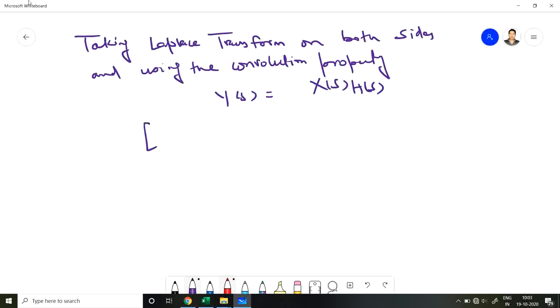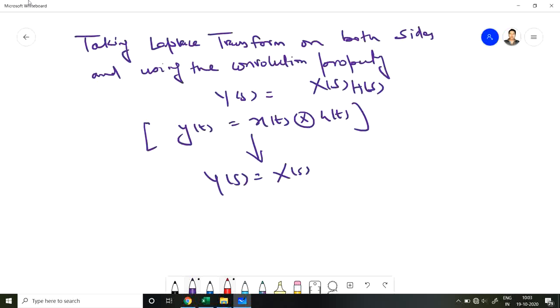So basically we have y(t) equal to x(t) convolved with h(t). When we take Y(s), the convolution in the time domain is equal to the product in the s domain, so it is equal to X(s) multiplied by H(s).